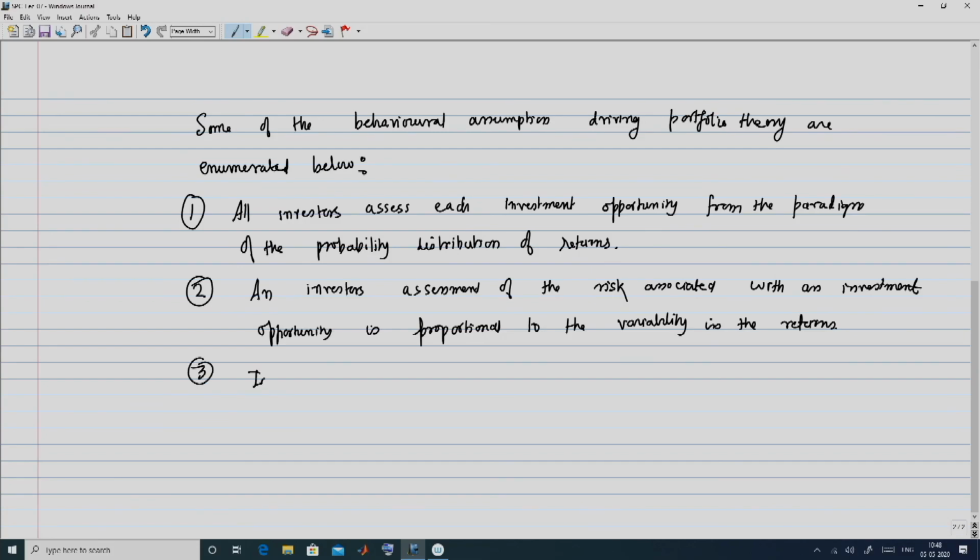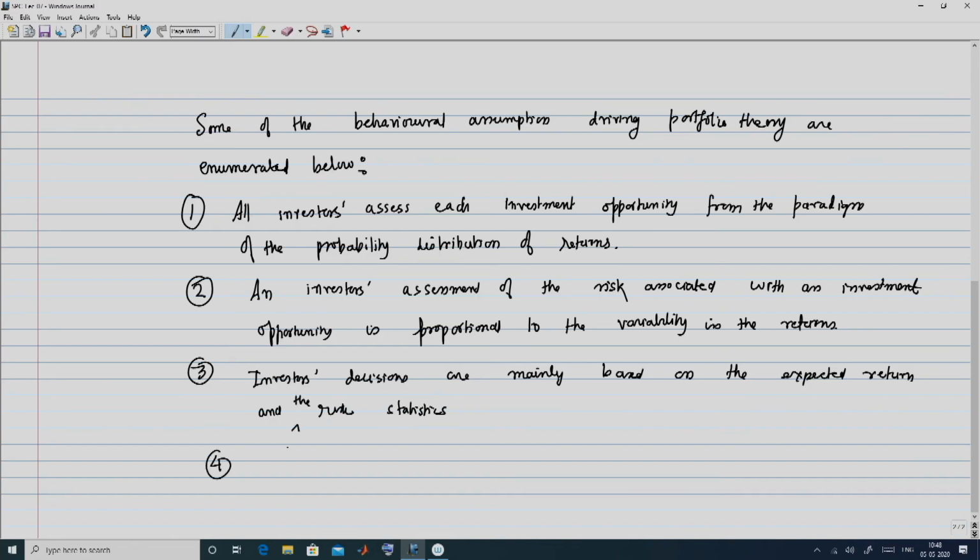Thirdly, investors' decisions are mainly based on the expected return, just make this correction, and risk statistics.